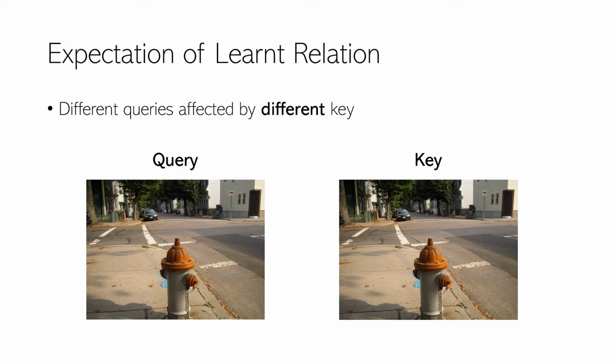This is an illustration. The left image shows two query pixels at different locations. A red query is on a car, and a yellow query is on a fire hydrant. The right image shows some key pixels colored in green.